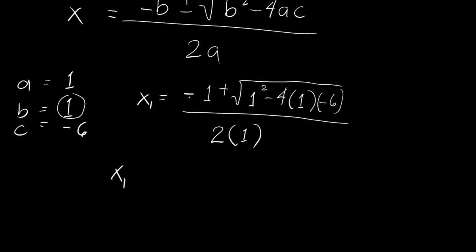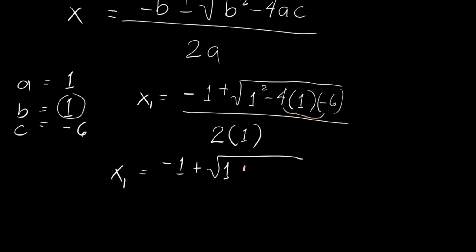So, your x sub 1 will be negative 1 plus square root of 1 minus 4 times 1. Negative 4 times 1 is negative 4. And negative 4 times negative 6, that will be positive 24.